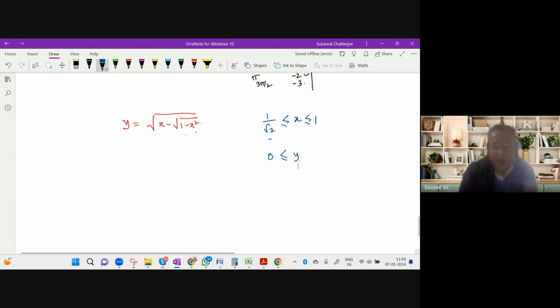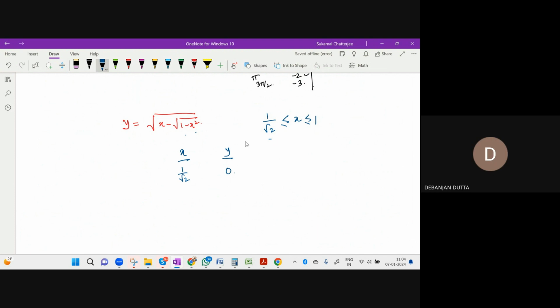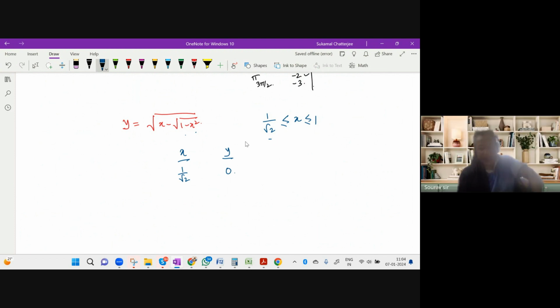Or let me write it like this. When x is 1 by root 2, y is 0. Right? Yes, sir. When x is 1, this is 1.